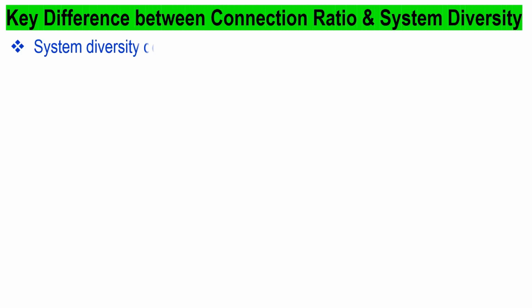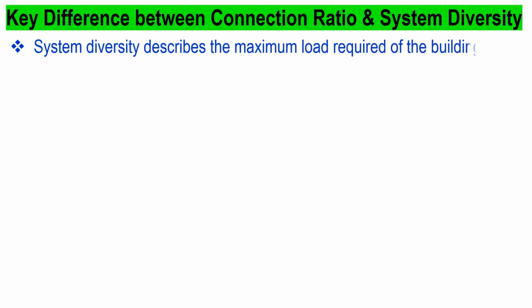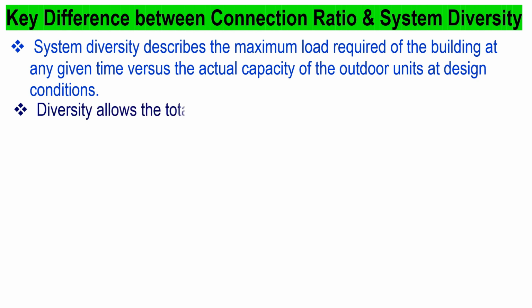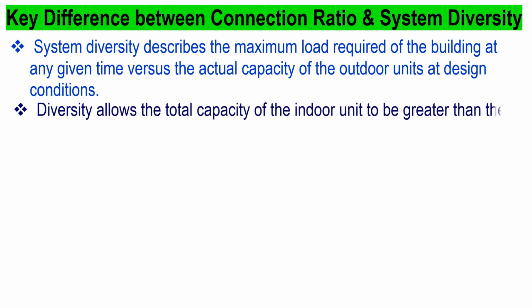System diversity describes the maximum load required of the building at any given time versus the actual capacity of the outdoor units at design conditions. Diversity allows the total capacity of the indoor units to be greater than the total capacity of the outdoor unit.